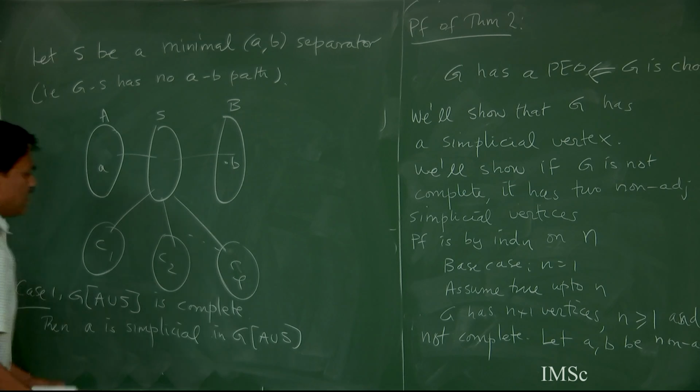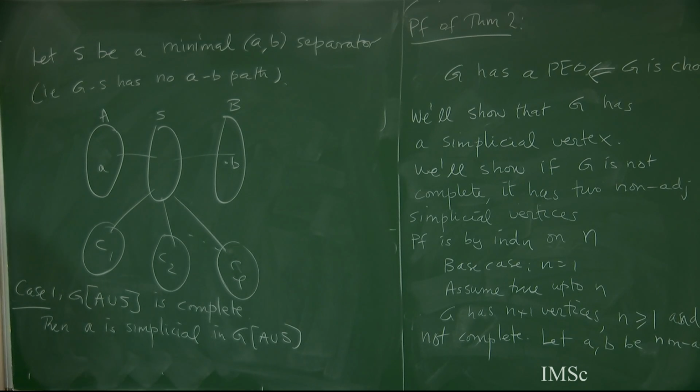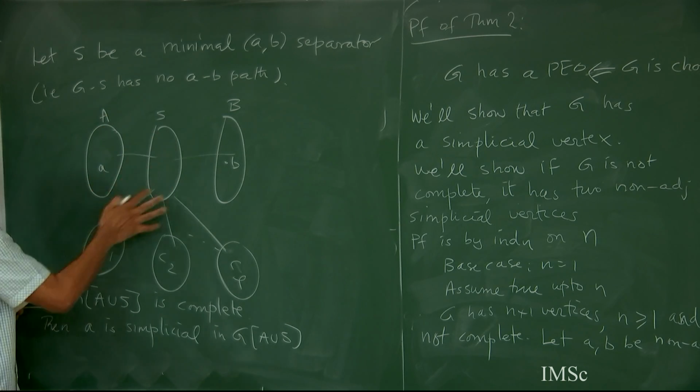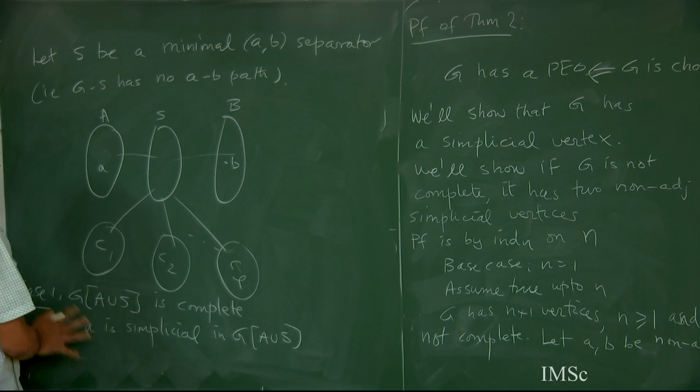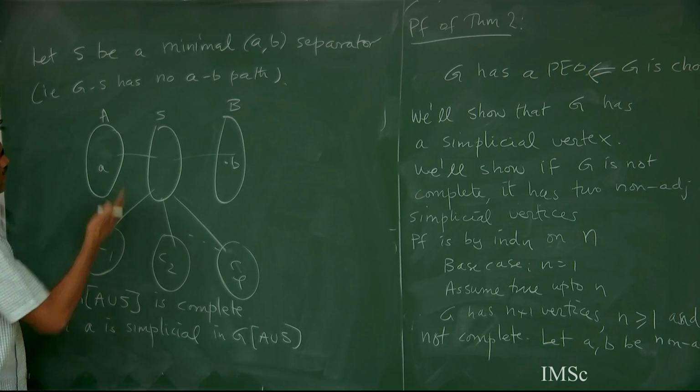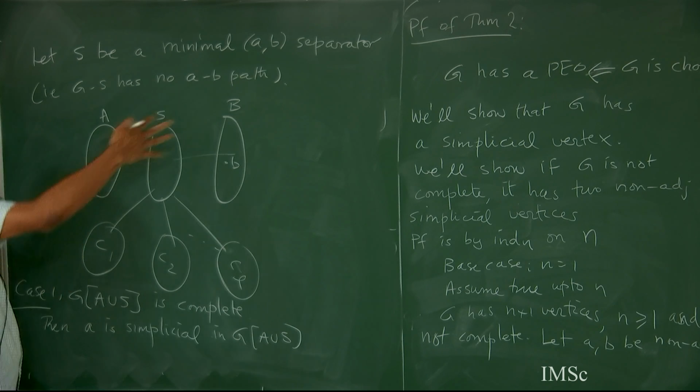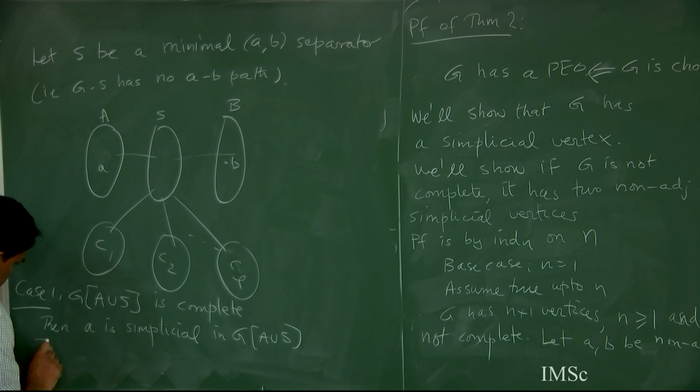Because in any complete graph, every vertex is simplicial. So in that induced subgraph on A union S, every vertex is simplicial. Now I am going one more step and saying A is not simplicial just in A union S, A is simplicial in the whole graph, because where can A's neighbors be? Only in S or A, nowhere else. So I am done.